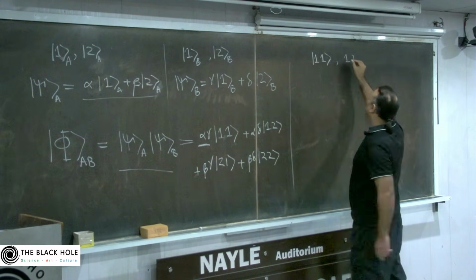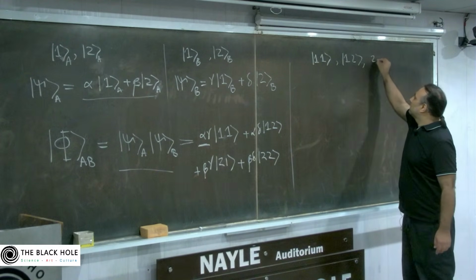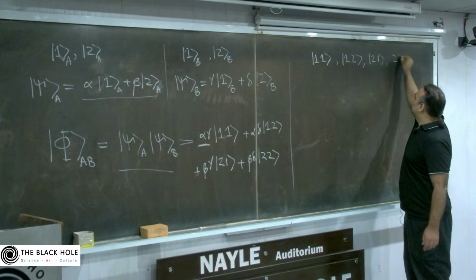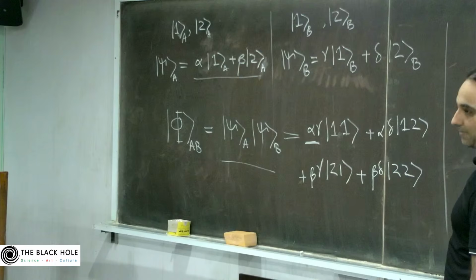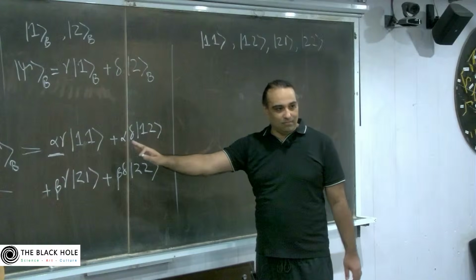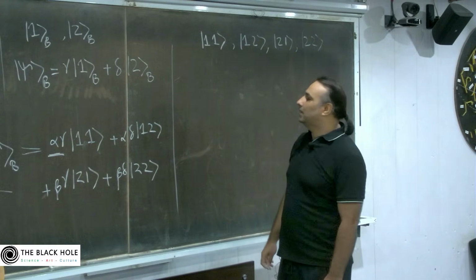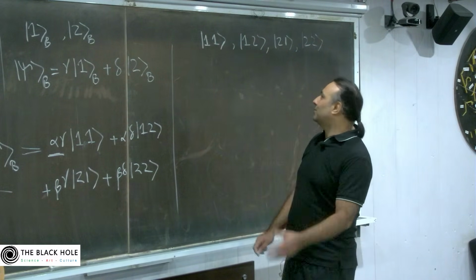|1,2>, basically these 4, |2,1>, and |2,2>. So now any state in the space spanned by these 4 will be a state for this composite system.